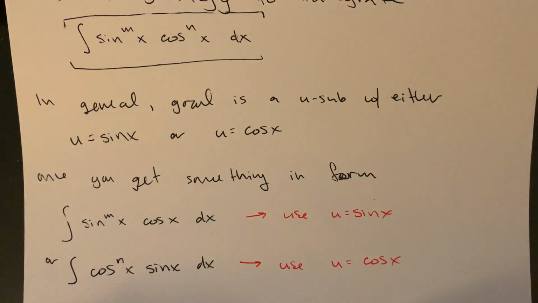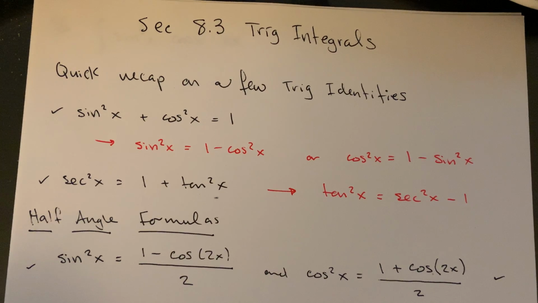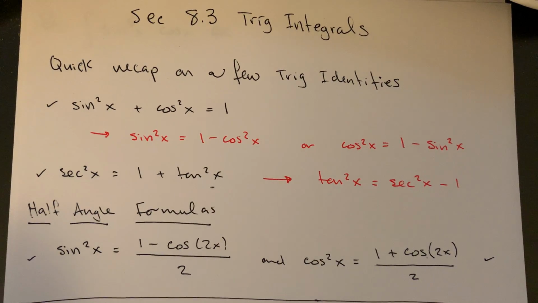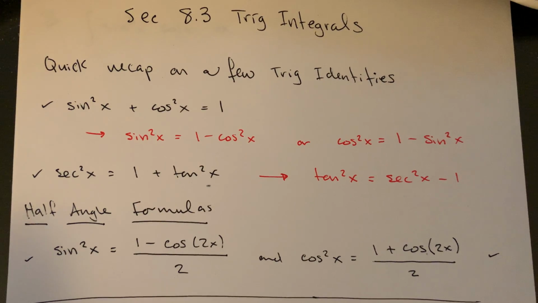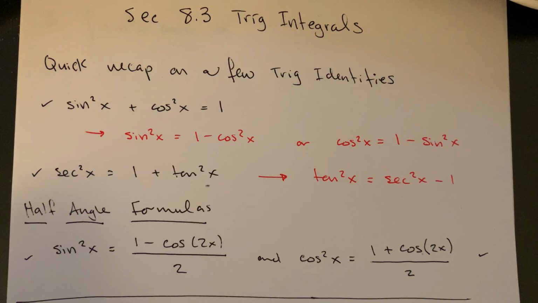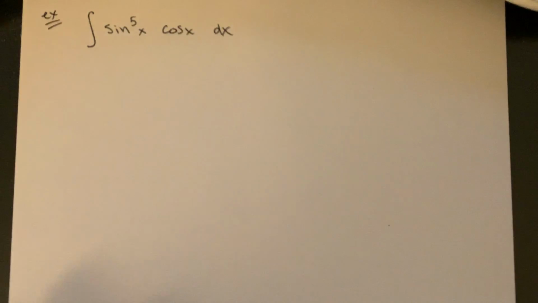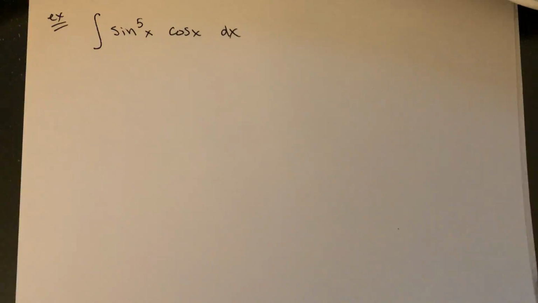You want to be able to use some of our formulas above to transform yourself from both sine and cosine having different powers to only having one sine or cosine left over, and then the other one has all the power. So let's take something that's in that form just as a starting point.